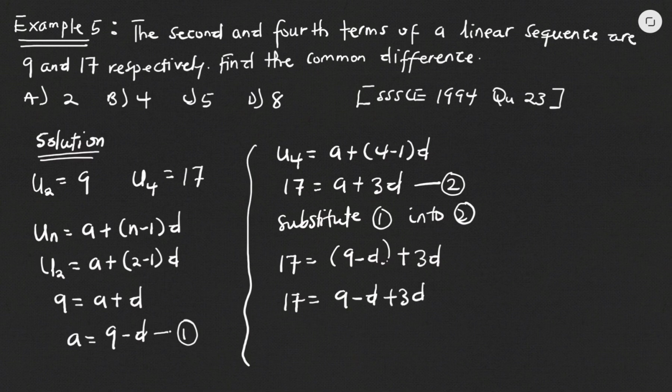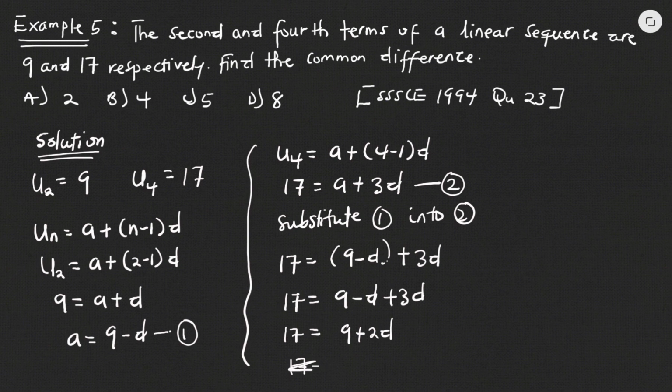I just removed the bracket. So 17 here will be equal to 9 plus, now minus d plus 3d will give me 2d. So I have 9 plus 2d. Okay, so I maintain the 2d here and send the 9 to the other side of the equal to sign, so that 2d stands alone.